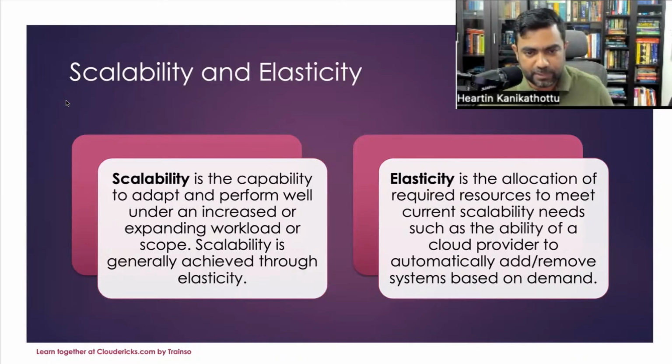Horizontal scalability means adding more servers in, and all of them working in parallel. And vertical scalability means when you have more scaling needs, you change the configuration of the machine itself. On demand, mostly horizontal scalability is possible compared to vertical scalability.